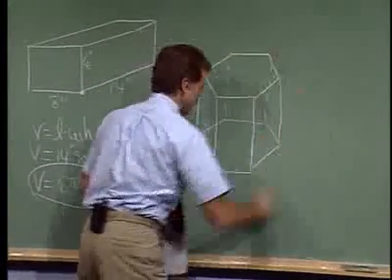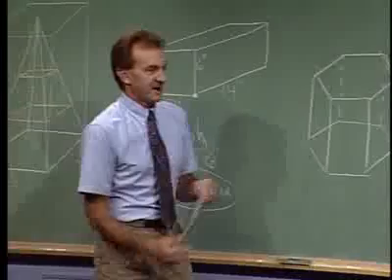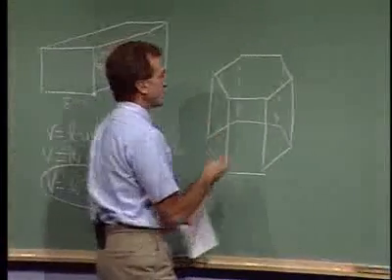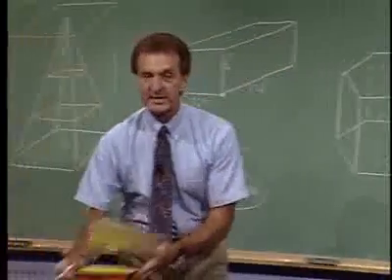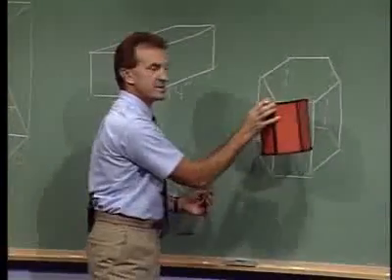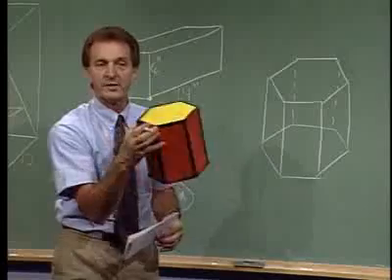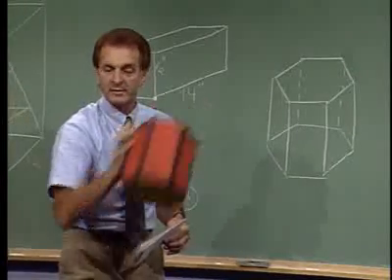And it's perfect. Okay, so the lateral area, remember, would be just the area around these sides. Just, in this case, the red sides. See what a perfect match that is? Just the lateral area would be just the red sides, not including the bases.